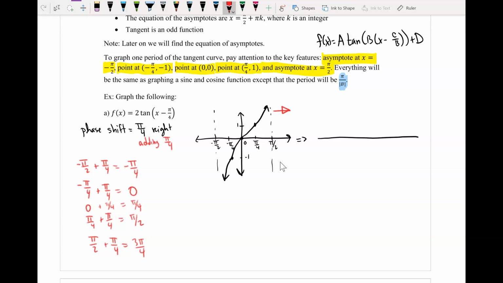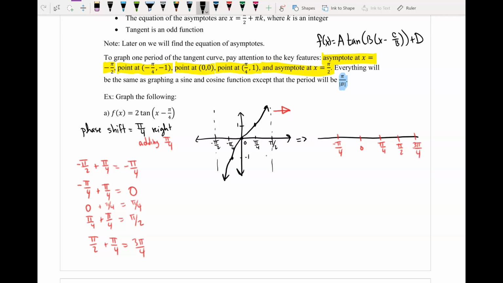So now we found our new points after everything has been shifted. No longer am I going to have this pi over 2, pi over 4, any of that. Now you're going to be at negative pi over 4, 0, pi over 4, pi over 2, and 3 pi over 4.